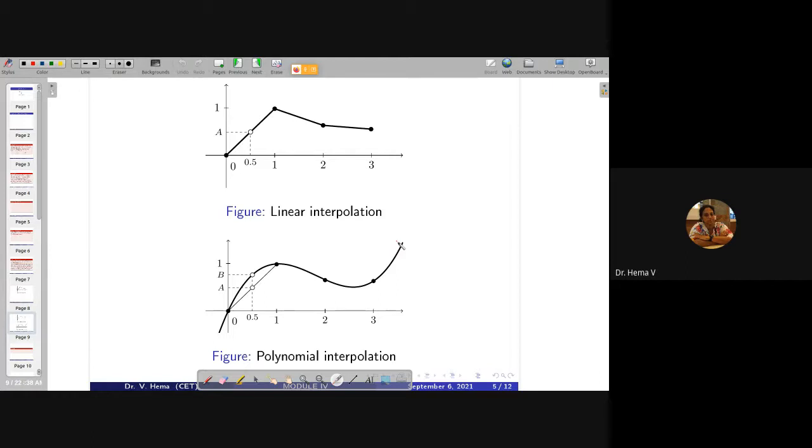Linear interpolation means the data are connected by straight lines, whereas for polynomial interpolation, they are connected by curves. Mathematically, for linear interpolation, the polynomial will be a first degree polynomial, whereas for polynomial interpolation, it will be second degree or more, higher degree polynomials.